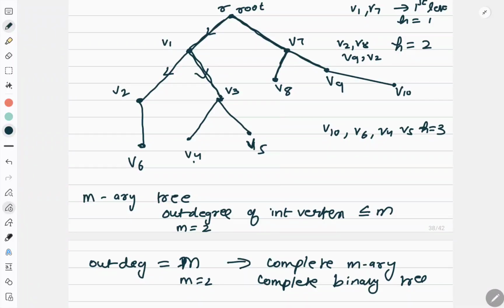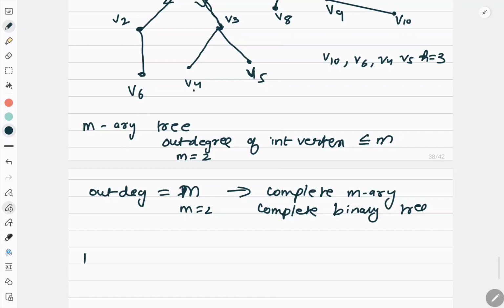Right? Now here, one more concept we will understand: what is a balanced tree and what is an unbalanced tree. See, now here I have defined the level of each vertex. Let me write balanced tree.